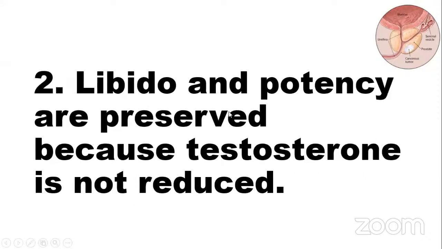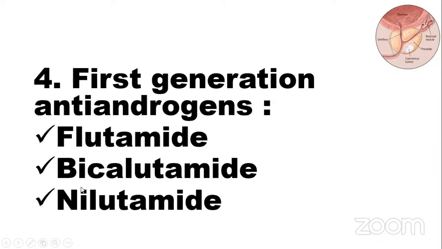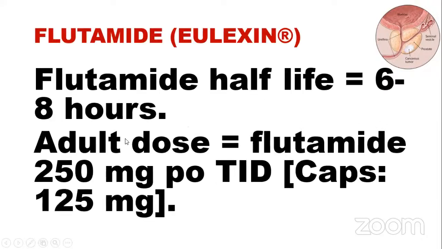Libido and potency are preserved because testosterone is not reduced. Excess testosterone may be converted to estrogen by aromatase in adipose tissue, resulting in gynecomastia. First generation anti-androgens: flutamide, bicalutamide, and nilutamide.